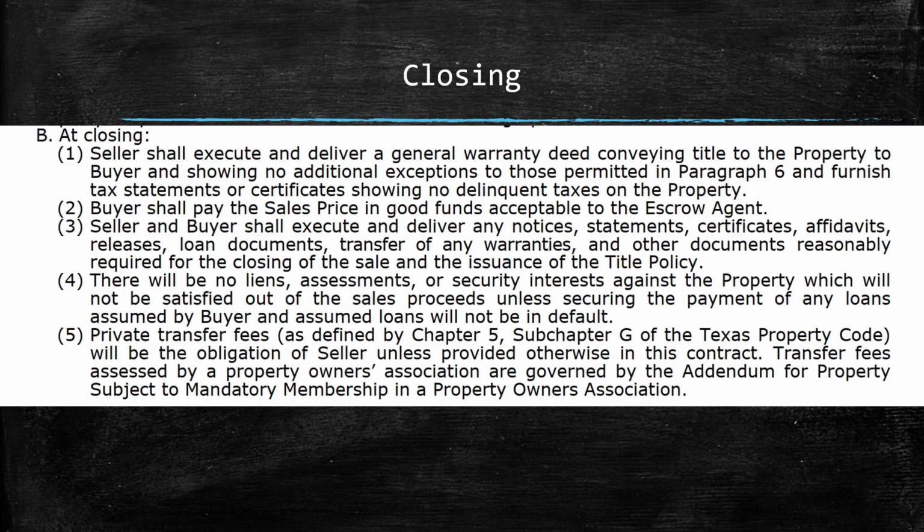What sorts of documents are they required to give to each other at the closing? 9b1 says, at the closing, the seller shall execute and deliver to the buyer a general warranty deed conveying title to the property to the buyer and showing no additional exceptions to those permitted in paragraph 6 of the contract, and also must furnish tax statements or certificates showing no delinquent taxes on the property.